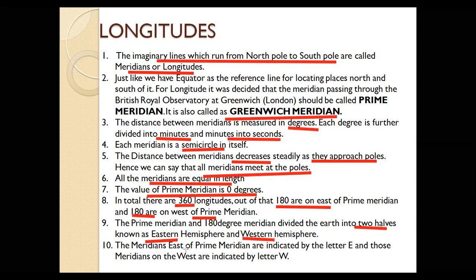The meridians east of the prime meridian are indicated by the letter E, and those on the west are indicated by the letter W.